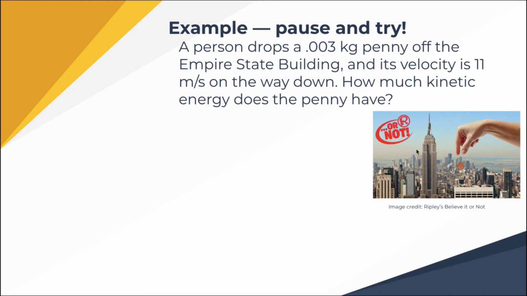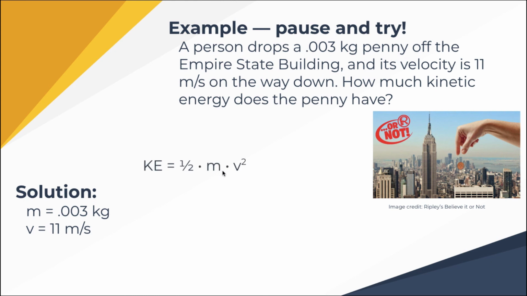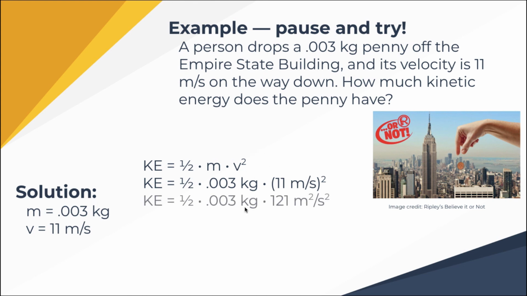Who knew? Okay, so to solve for kinetic energy, again, we need mass and we need velocity. Mass is 0.003 kilograms and velocity is 11 meters per second. So now you write out the equation and plug in mass and velocity. So KE equals 1/2 times 0.003 kilograms times 11 meters per second, and that velocity is squared. So I'm going to do the exponent first. 11 times 11 is 121.